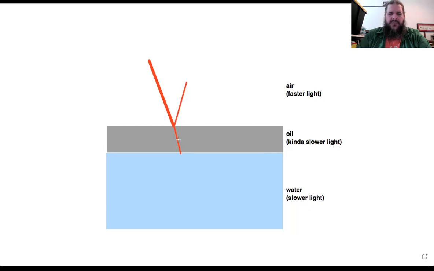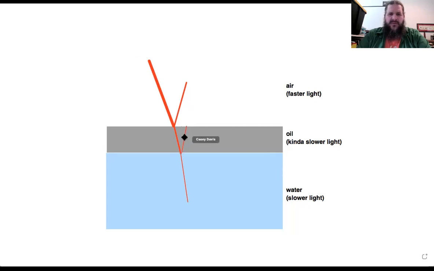But the light that gets through, what happens to that light? A similar thing happens again where part of it reflects and part refracts. Yeah, some of it gets through and some of it bounces back up. And then when that hits this, some of it bounces back, some of it goes through.